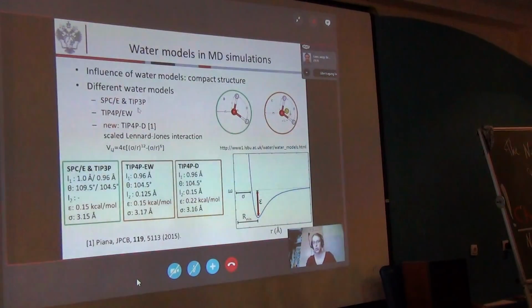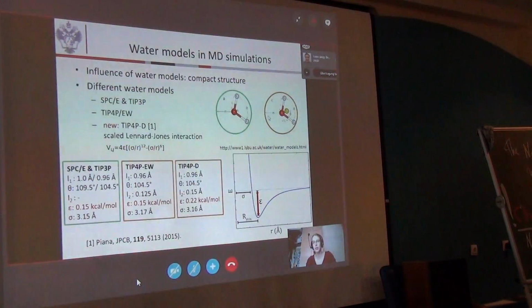We used 2 water models, SPCE and TIP3P, which are so-called 3-point water models, in which a water molecule is represented with 3 points, so the oxygen here and the 2 protons there. But they differ a little bit in the angle between the protons and in the length of the oxygen-proton bond, which is shown here.